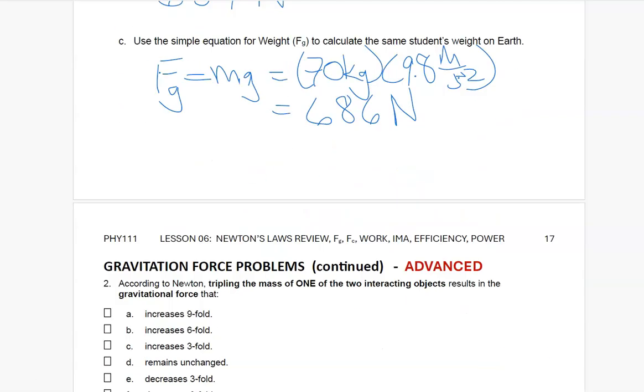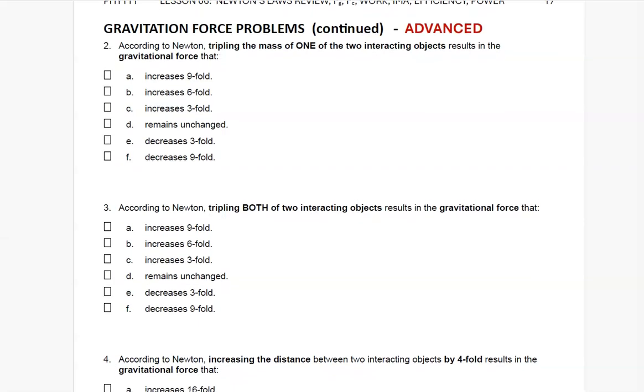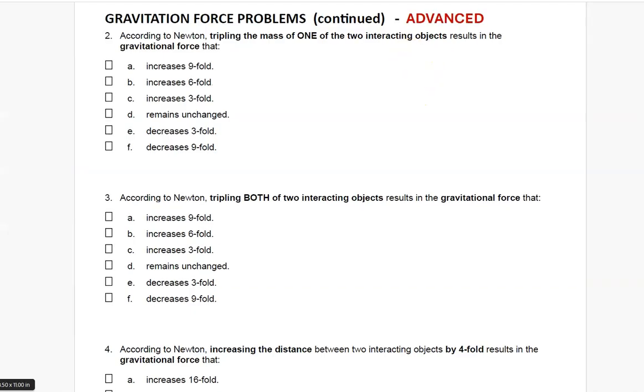All right, looking at the next questions, we have a couple multiple choice questions that relate to the proportionalities and inverse proportionalities of Newton's universal law of gravitation. So I'm just going to write the formula over here on the side, and hopefully this will make these proportionalities a little bit clearer.